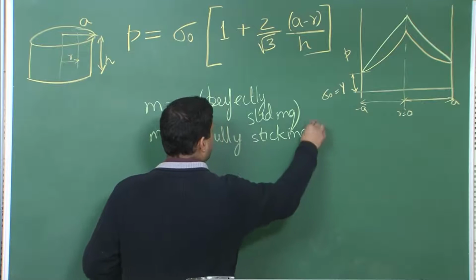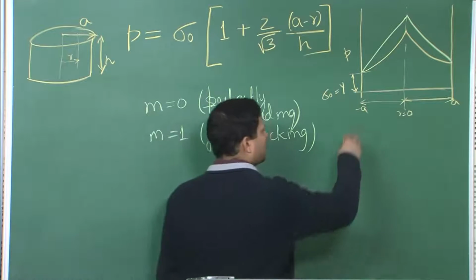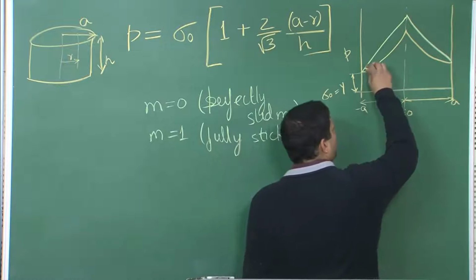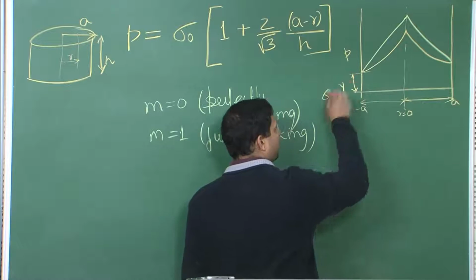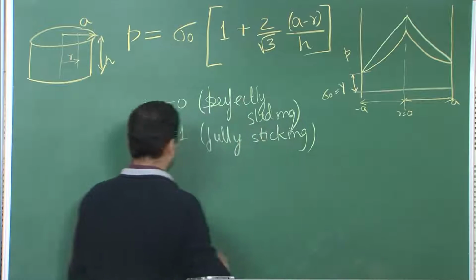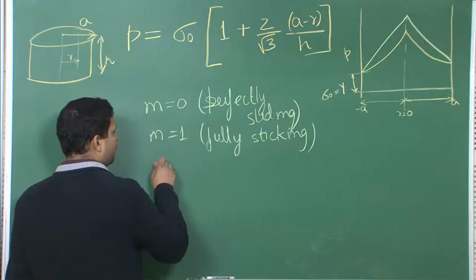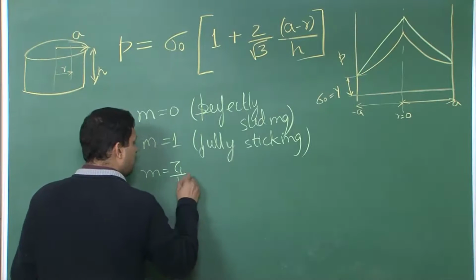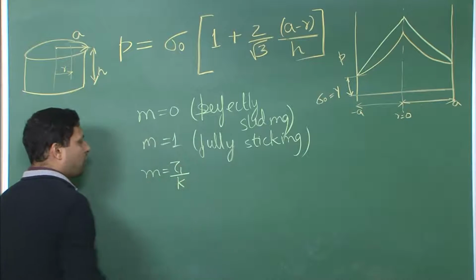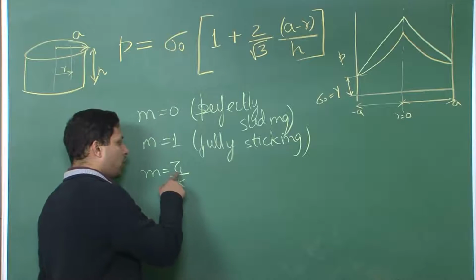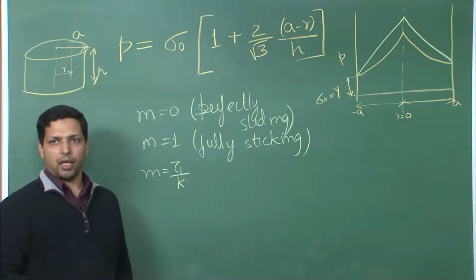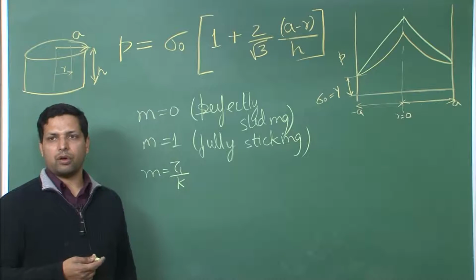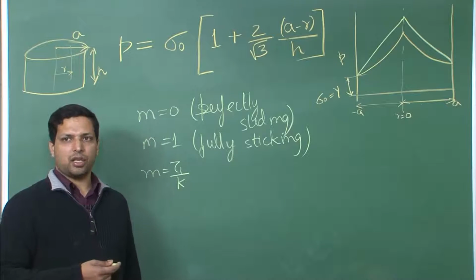There is another implication for this. What we see here is that P is the normal stress acting on that surface. The normal stresses can exceed the value Y, which is the yield strength. However, since m can go only from 0 to 1, which is tau I by k, the maximum value of m is 1, so tau I cannot exceed k, and therefore the maximum value of tau I will be k, which is the yield shear strength.